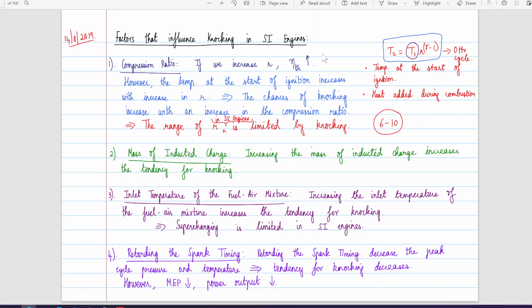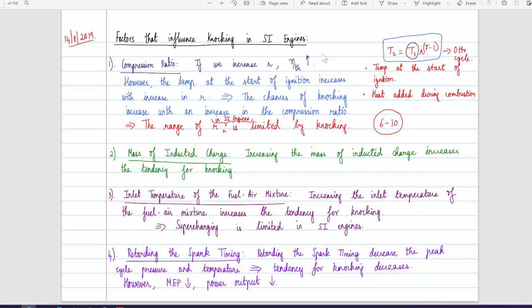Yes. If we increase the compression ratio, with increasing pressure your temperatures are also bound to rise. In an overall sense, if your temperature is higher, the tendency for self ignition after the spark has been ignited is going to go up. Since this tendency goes up, there is a higher chance of you having two different flame fronts.